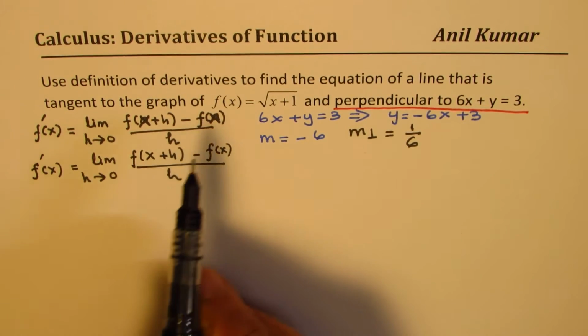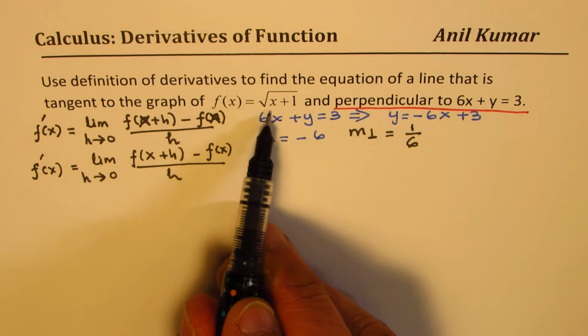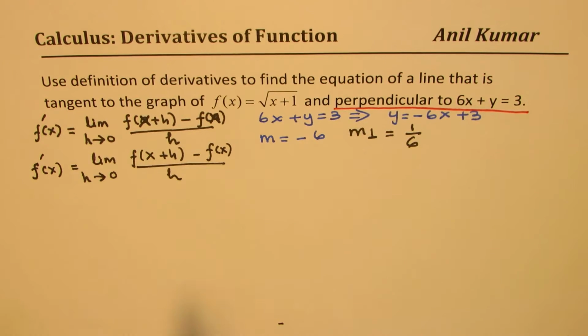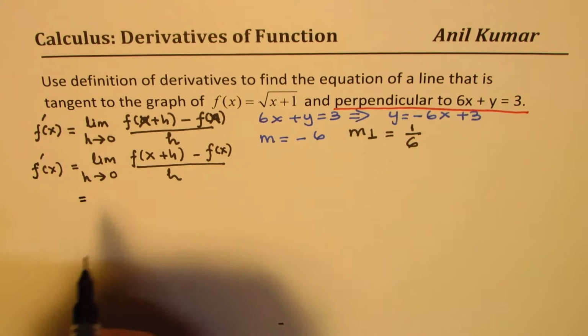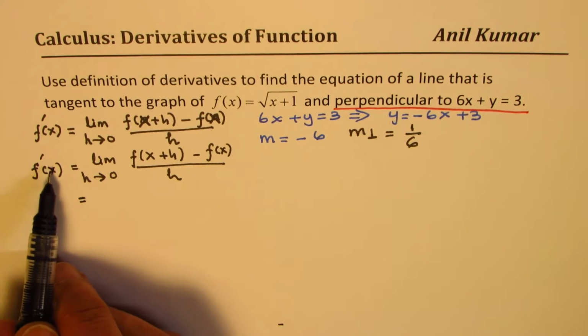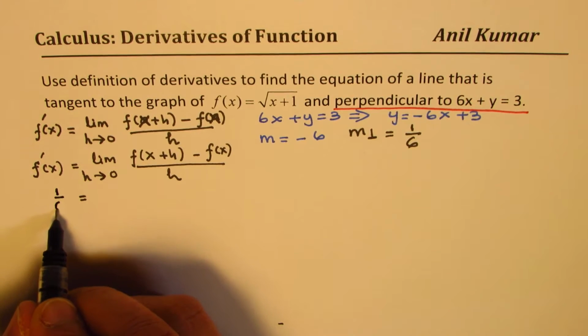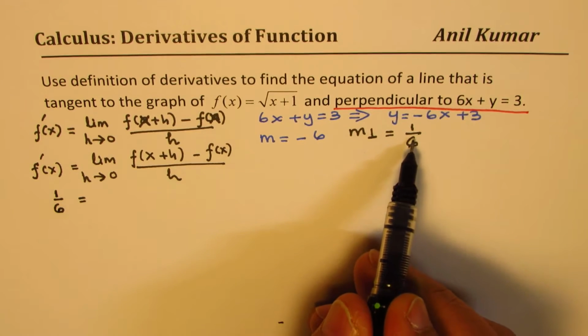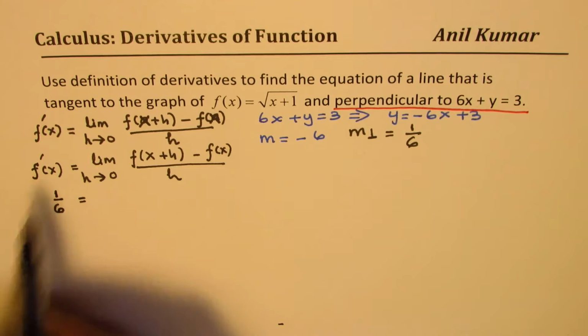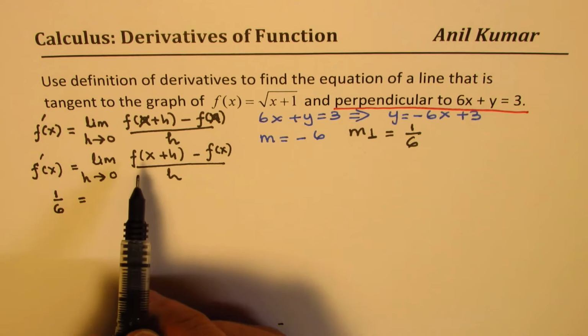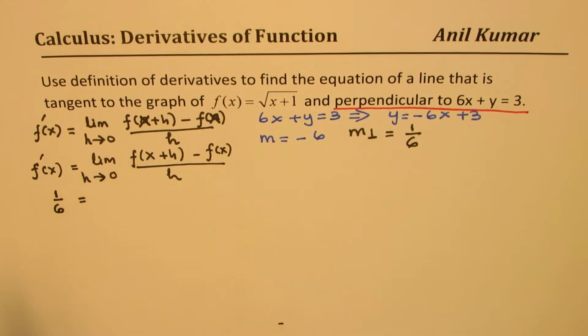Right? Now we are given the function f of x as square root of x plus 1. So we can replace this here and then find the derivative. But we know that the derivative should be 1 over 6. Is that clear to you? So I'm writing 1 over 6 for the derivative at a particular point, and we don't know what that point is. So x we'll find later.